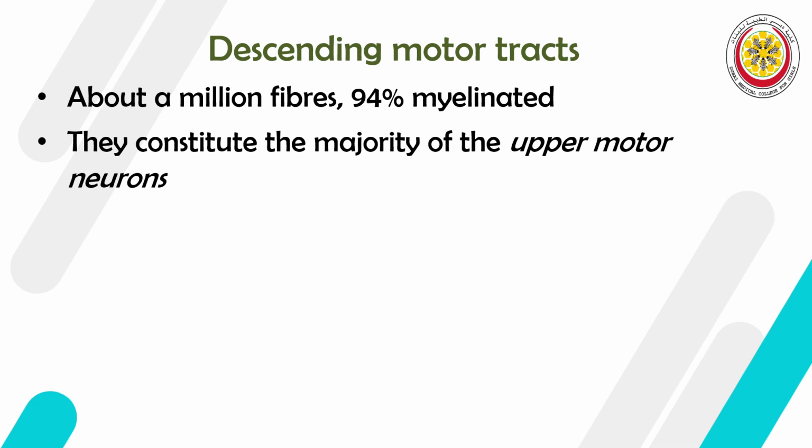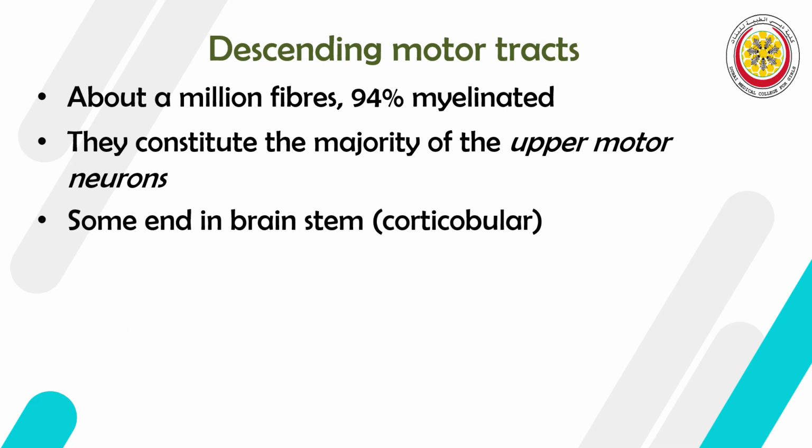Now, the descending tracts. Now we are focusing on the tracts, which are the axons of the cells we just described. These tracts are about 1 million fibers. 94% of them are myelinated fibers, constituting the majority of our upper motor neurons. Because, as I said earlier, upper motor neurons are found in the cortex, but they are also found in subcortical areas.